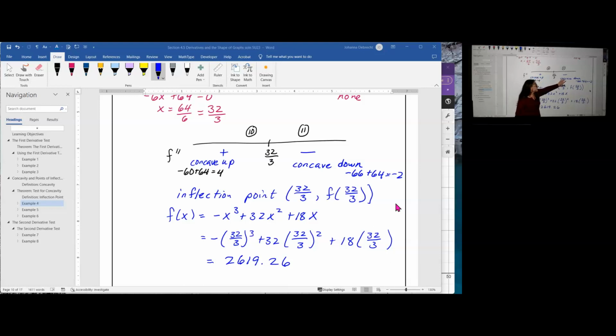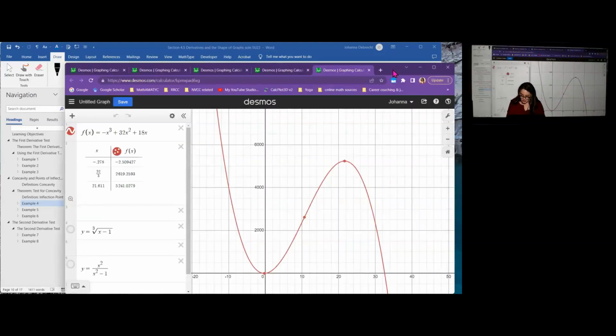On the right side of the inflection point, I got negative 2, so it is concave down. To find the location of the actual inflection point where this concavity goes from up to down, I have to substitute the x-coordinate of the inflection point into the original function, not either of the derivatives. And this gives me about 2,619.25.